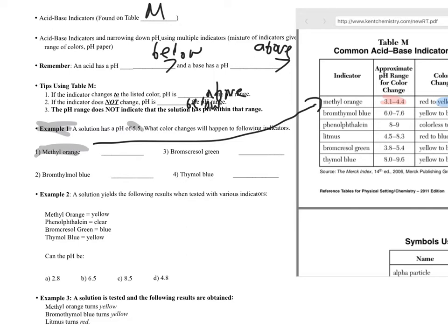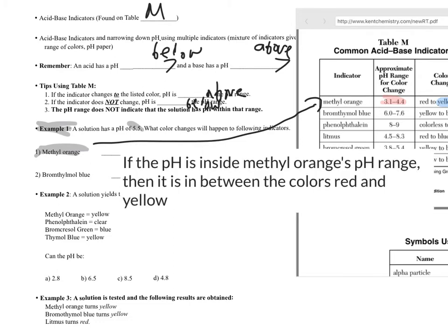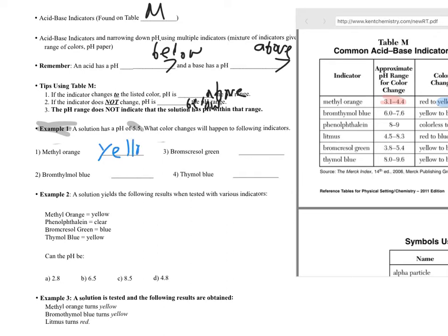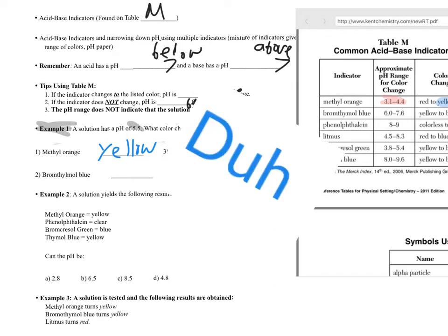It starts out red, and if we go higher than 4.4, it turns to yellow. So if I get rid of that, methyl orange should be yellow, which is very intuitive because I've just written it in blue.